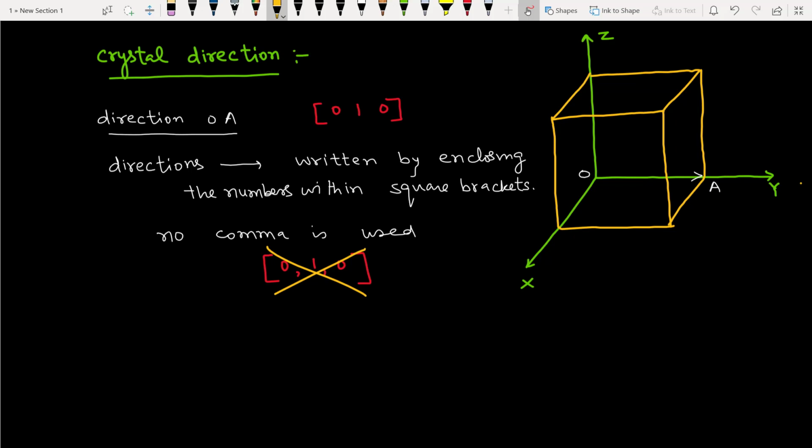So if we wish to designate another direction, OB, it will be represented by, it is in the XY plane, so 1, 1, 0 within square brackets.